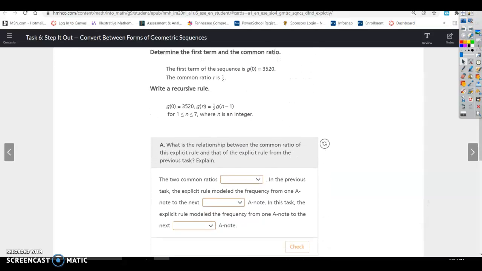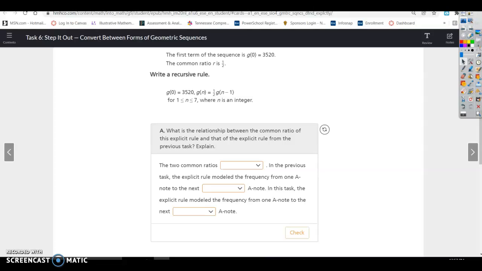All right, so it says, what is the relationship between the common ratio of this explicit rule and that of the explicit rule from the previous task? So the two common ratios, if you remember, the one from the previous task was 2, and this one is 1/2. So they are reciprocals.